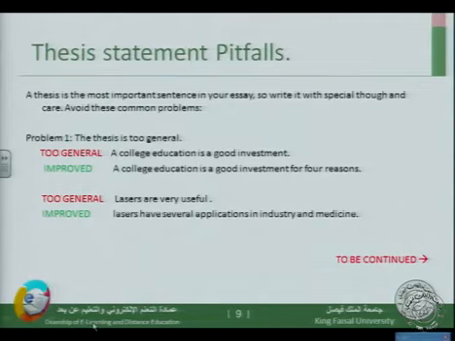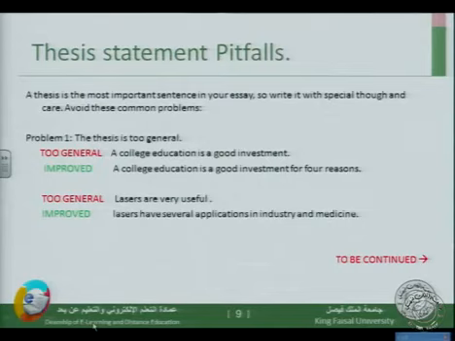But if you say a college education is a good investment for 4 reasons, now you have your opinion. You're going to mention 4 reasons, and these 4 reasons come from you. And you need to convince me how the college education is good using these 4 reasons. So you need to support your reasons.